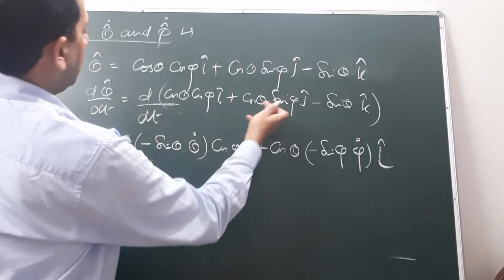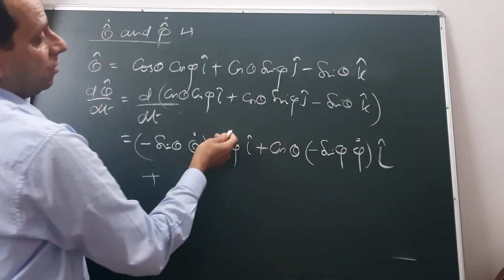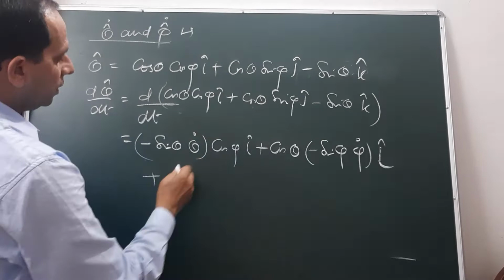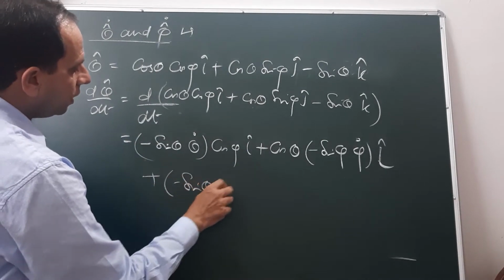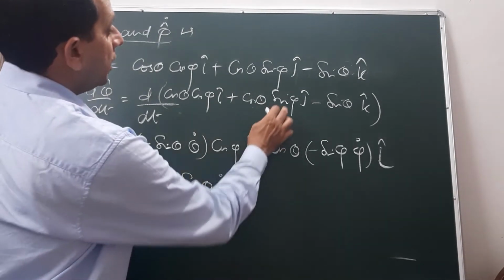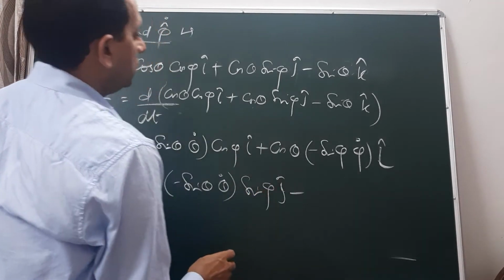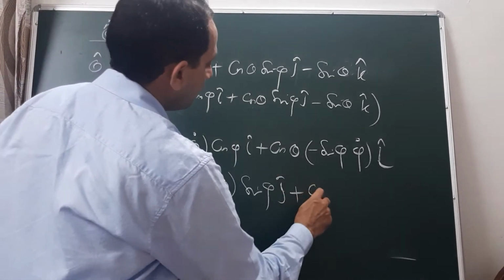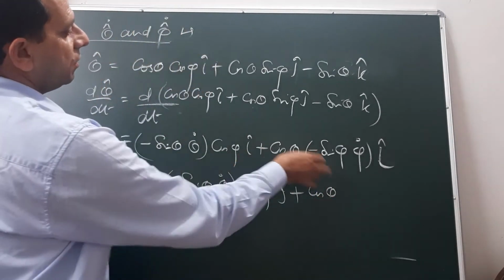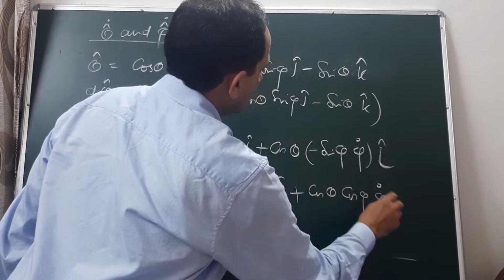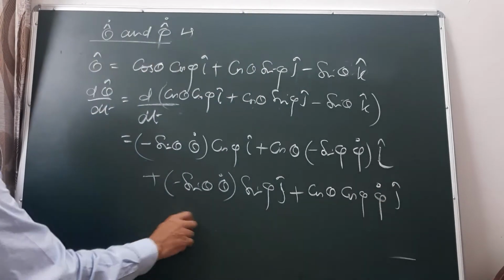Similarly, for the derivative of the second term, first of all I will solve the derivative of the first factor, that is cos theta, which means minus sin theta, and sin phi remains as it is. Now the first factor cos theta remains the same and the derivative of sin phi is cos phi into phi dot, j.